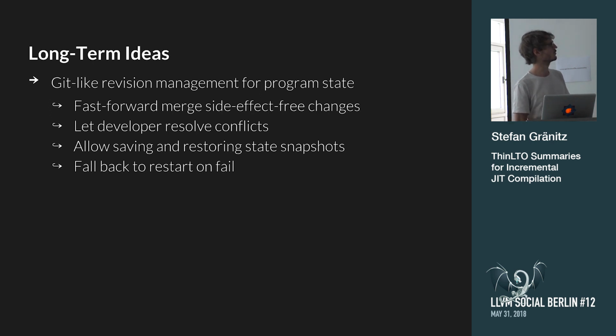One great thing would be to have a Git-like revision management system for program state instead of only for program code. I think at least, all of this is up for discussion. I would be interested in all of your opinions. But I think it would be possible to fast forward merge a lot of side effect free changes, like the printf we saw.